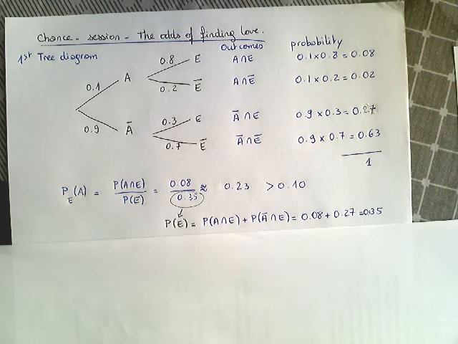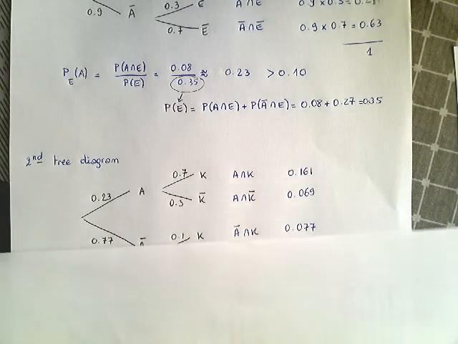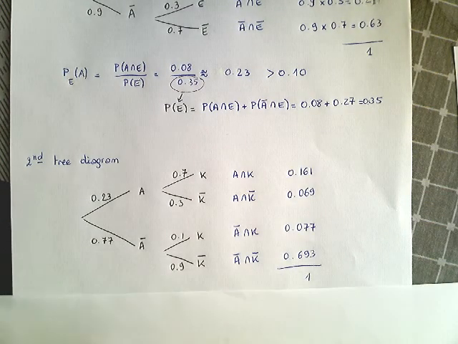So now, later on in the date, the conversation is going well, so he will try to kiss her. We'll find out the probability that they will kiss. So, a new tree diagram here.